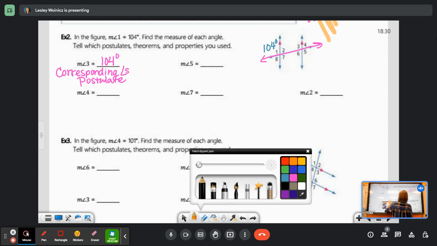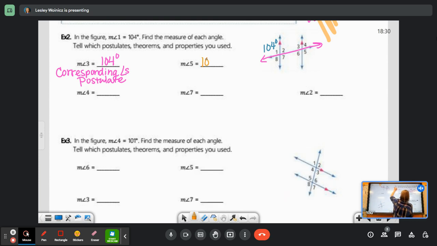So angle 5 is also 104 degrees by the alternate exterior angles theorem.